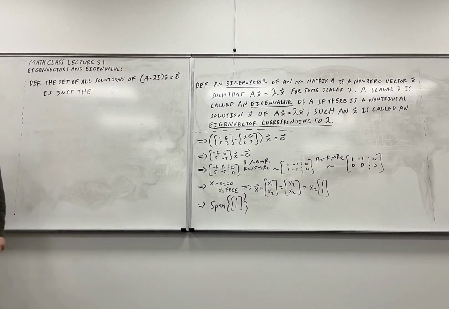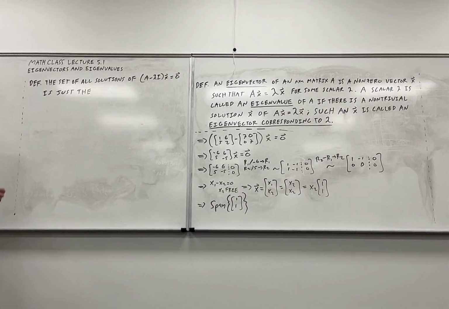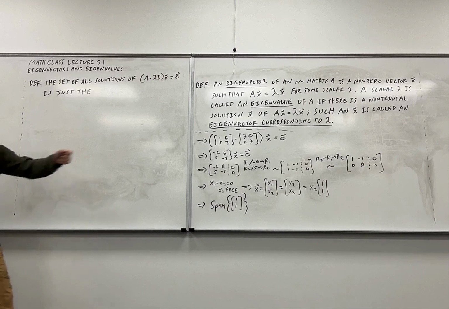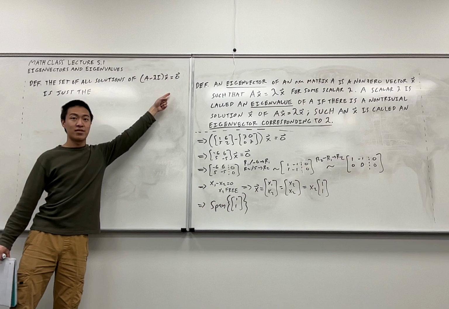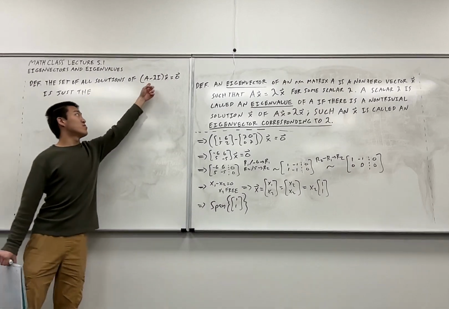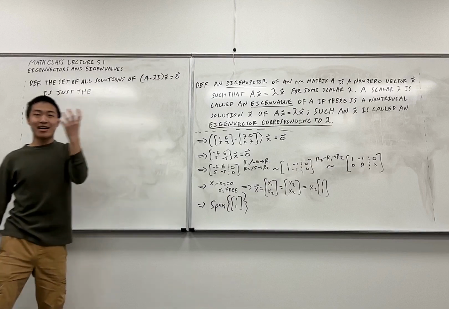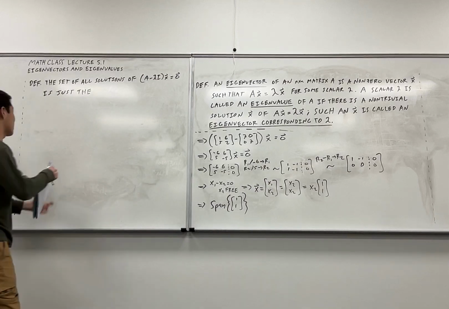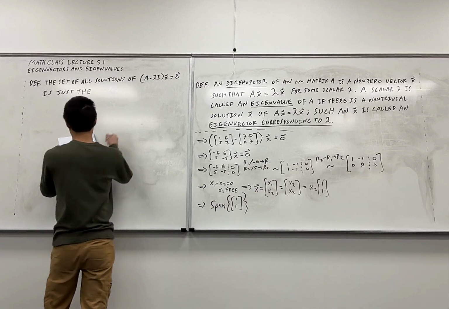What type of equation is this? Okay, and so in chapter 4, what special name did we give to the solution set, all possible solutions to the homogeneous equation? The null space. So the set of all possible solutions here is just a type of null space by definition. So this is just the null space.